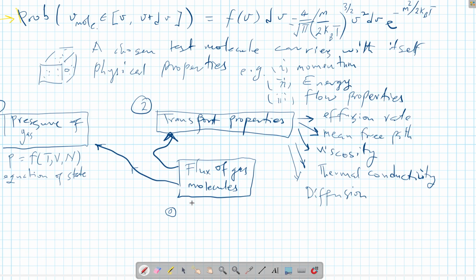So the first step is to compute flux of gas molecules using the Maxwell-Boltzmann distribution. So this is going to be 0.0. I'm going to divide these into different little bits, and when you combine the little bits, we're going to see what the formula of flux of gas is going to be.